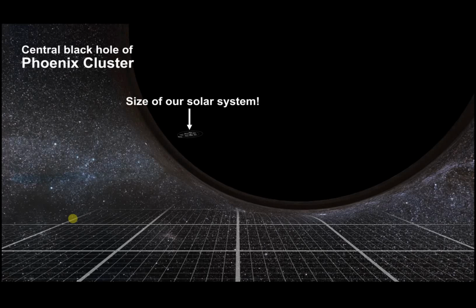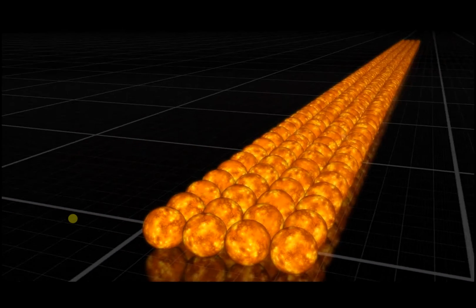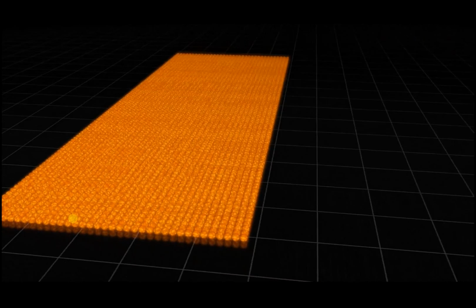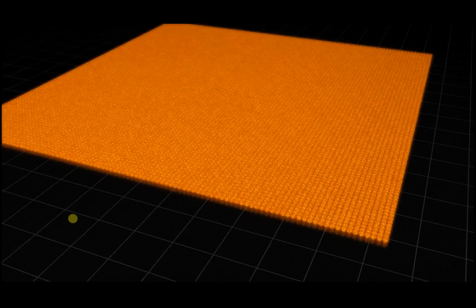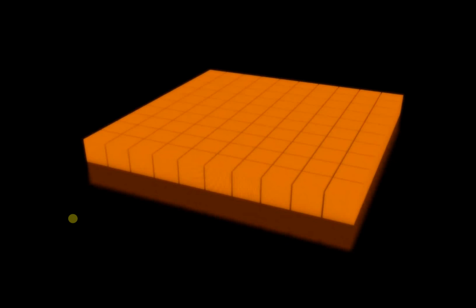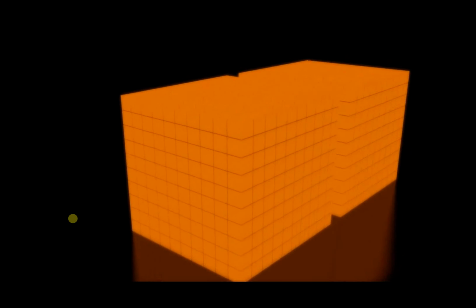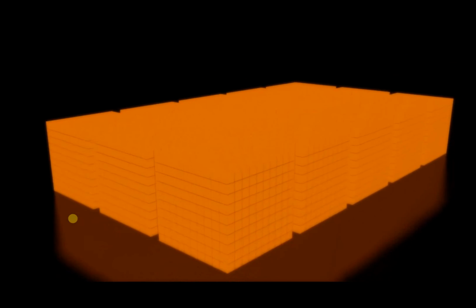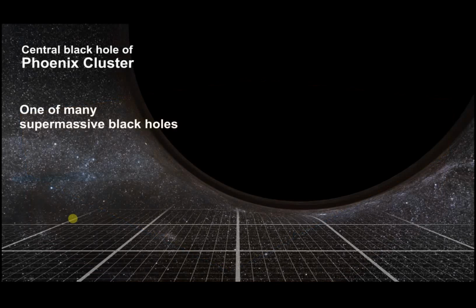How many masses does it have? 20 billion of our suns.